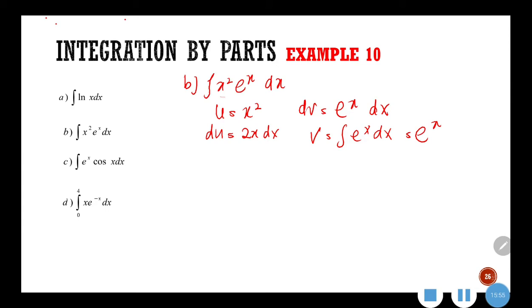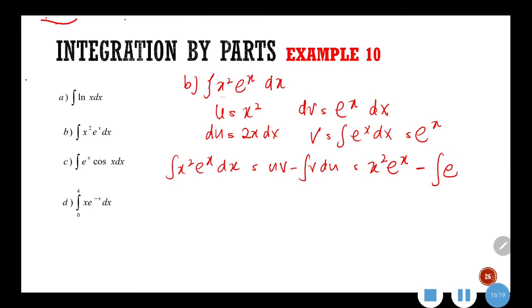So from here we have the integration of x square e to the power of x dx equal to uv minus the integration of v du. So here uv is x square e to the power of x minus the integration of v, which is e to the power of x, du is equal to 2x dx.